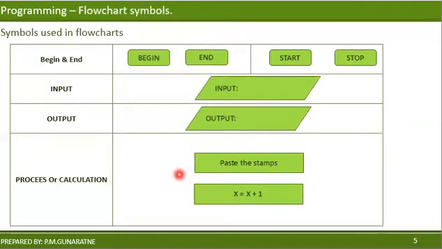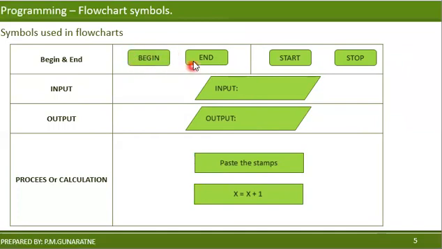To mention the start and the end, or the beginning and the end, we can use this symbol. A flowchart is a graphical method, that means a symbolic method, which means these symbols represent input, output, and the process, right? The starting point of a program is represented using begin, or else you can use start as well. This is a rectangle, but with curved corners, right?